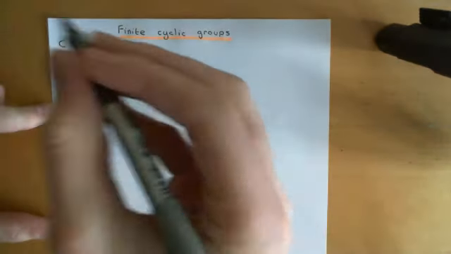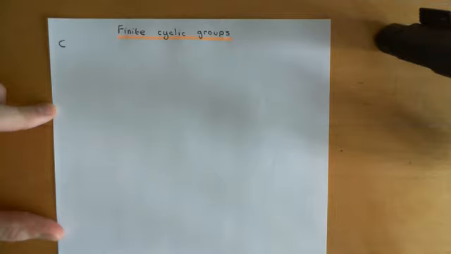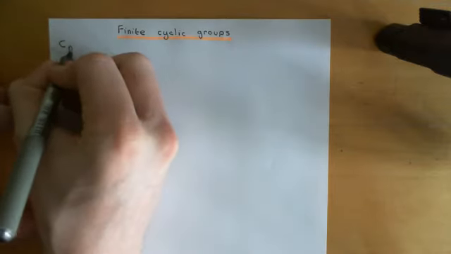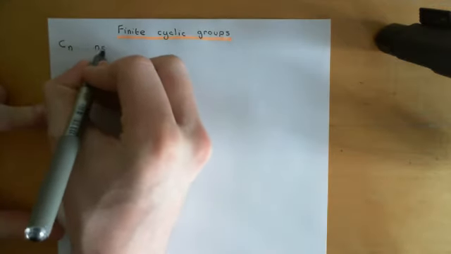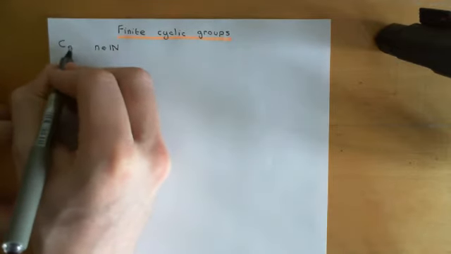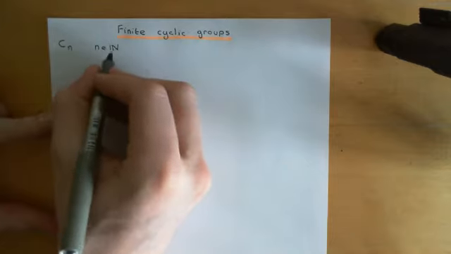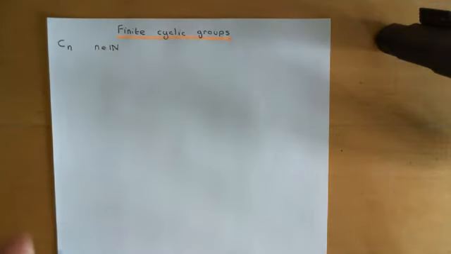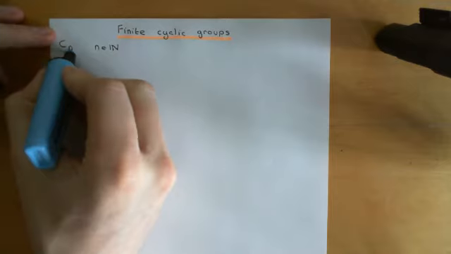You have C1, C2, C3, C4, C5, C little n basically, where little n is a natural number. So there are lots of different finite cyclic groups where this little n can vary over any natural number, okay, and all of the finite cyclic groups are one of those, basically, C1, C2, C3, C4, C5, on and on and on. Okay, right, so how do we create these finite cyclic groups then?